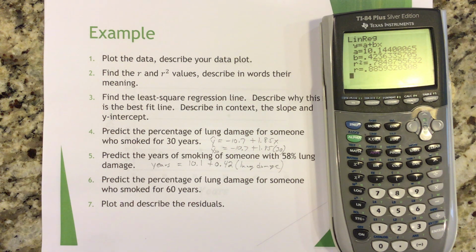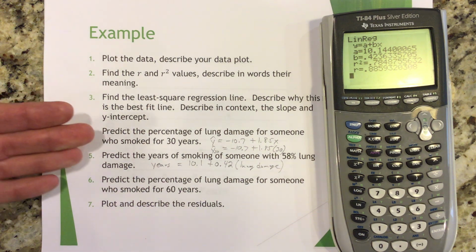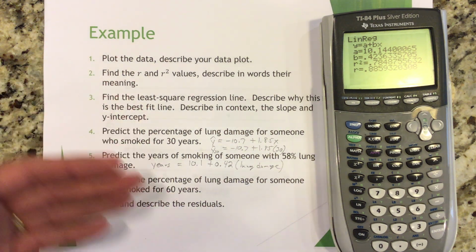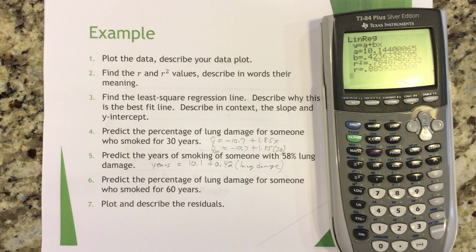Now, some of you might think, well, why am I allowed to switch this explanatory response relationship, right? That's a reasonable question because really it should be the years of smoking explains the damage done. But there are some instances you could think about. Maybe you are a coroner and you're doing an autopsy on a person.